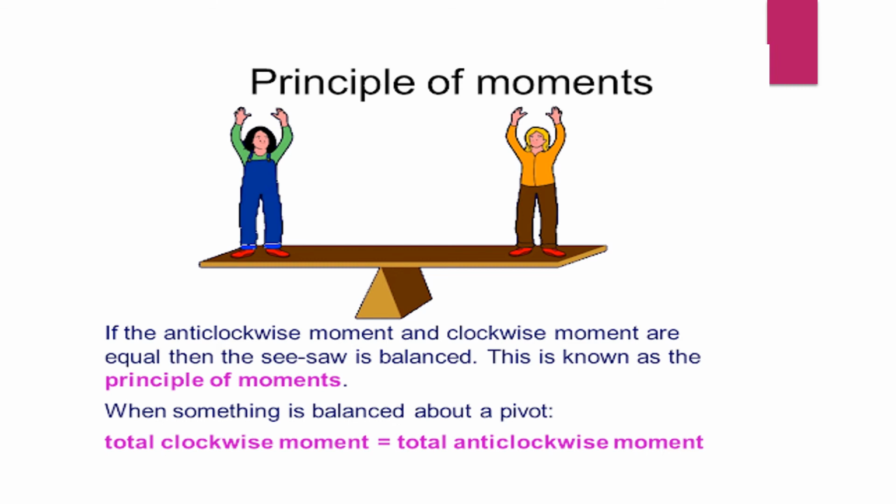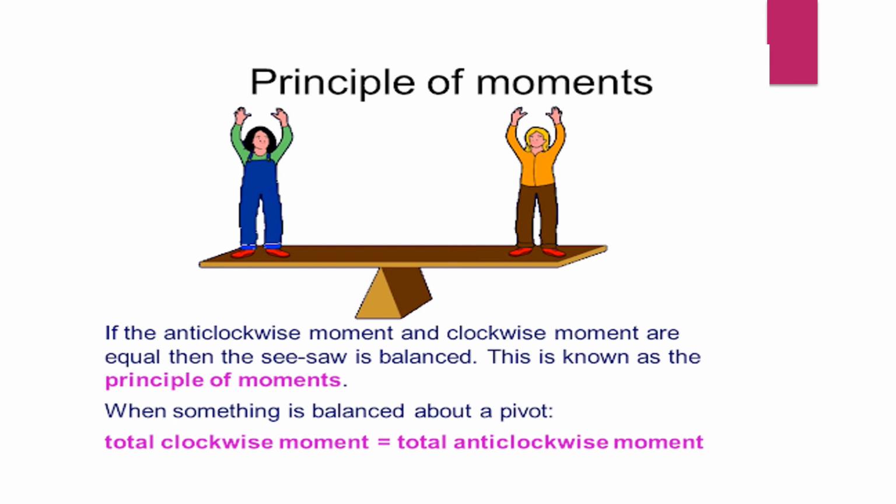You know that if you are playing on a seesaw, and your weight is 20 or 30 kg and your partner's weight is 40 kg, how can you say that you are enjoying the seesaw? It will not be easy to balance yourself.